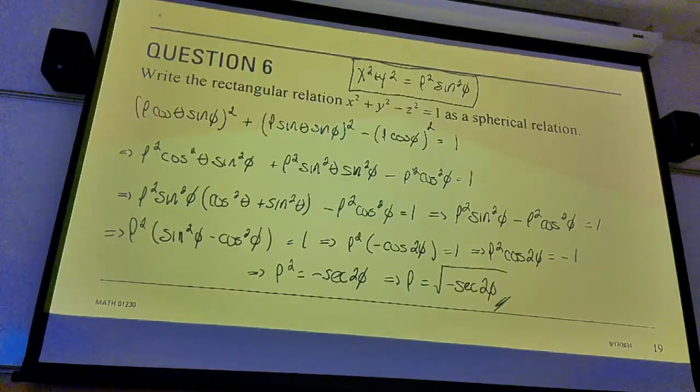And then theta can just be anything. Yeah, theta winds up being anything.